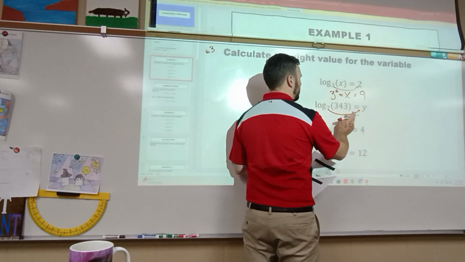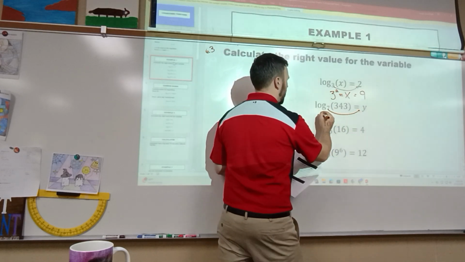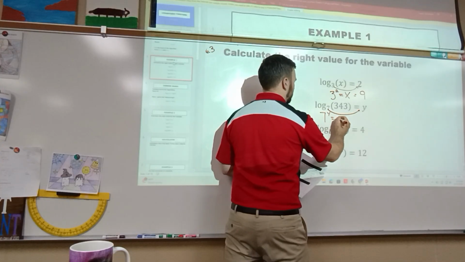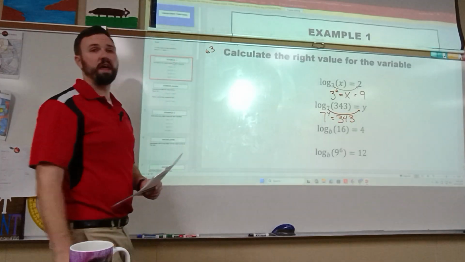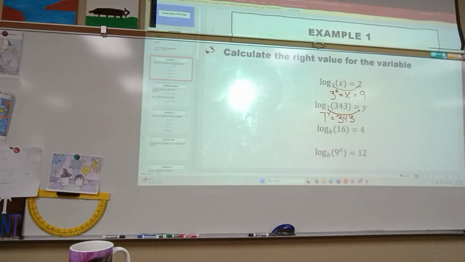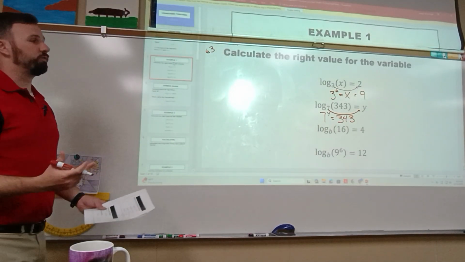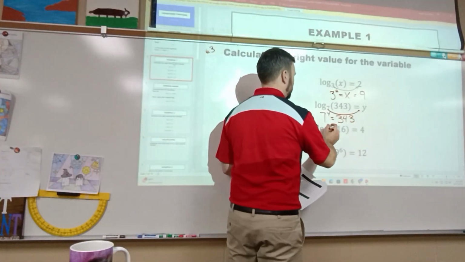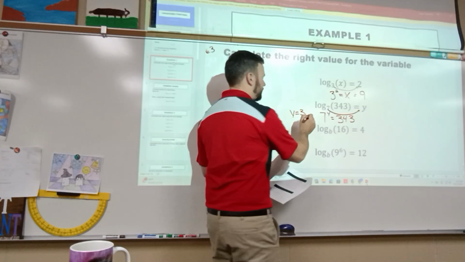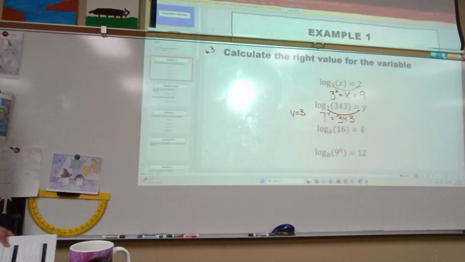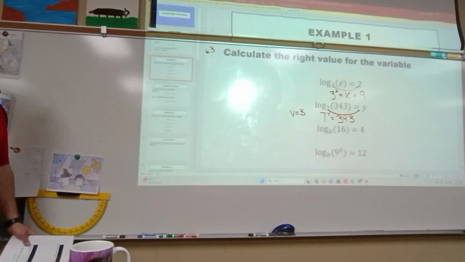The big thing is knowing the definition. 7 to the y equals 343. Okay? If you can do that part, you understand what a log is. Base to the equals your input. Now, if you didn't know that, that would mean y equals 3. Do I expect you to know that off the top of your head? Absolutely not. Don't worry about that.